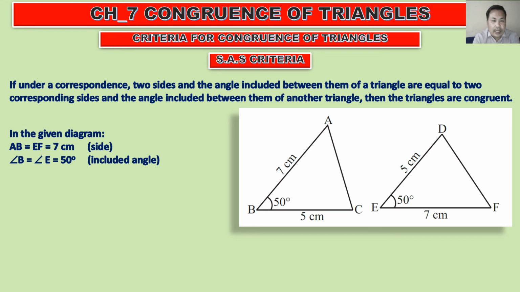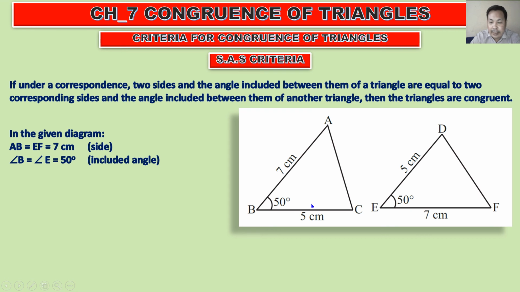Once again, in these two diagrams we have AB equal to EF, which is 7 centimeter, as the corresponding side. Angle B and angle E are equal, with 50 degrees each, and these are the included angles as well.